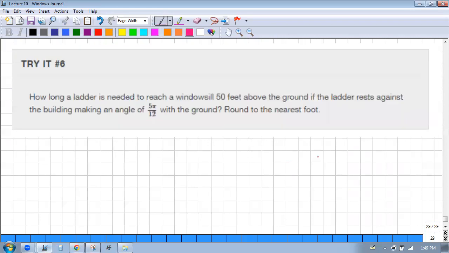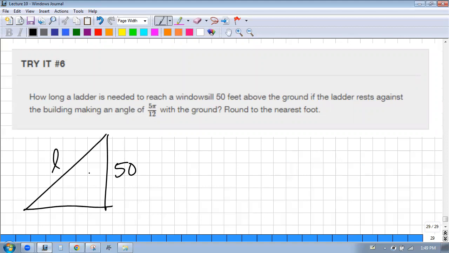How long a ladder is needed to reach a windowsill? The windowsill is 50 feet above the ground, here's the length of the ladder, and the angle is 5 pi over 12. We want to find out what L is. We know the opposite side and want to know the hypotenuse, so I'm going to think about sine, because sine is opposite over hypotenuse.